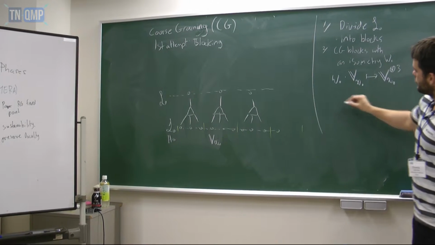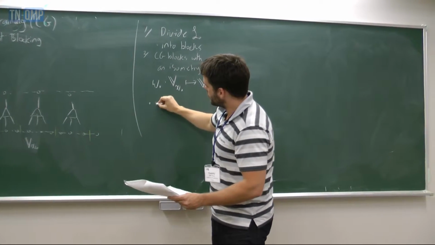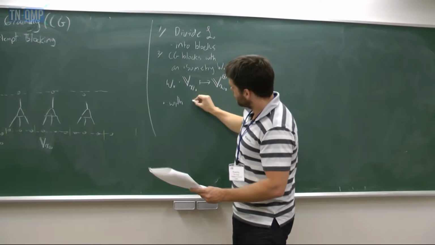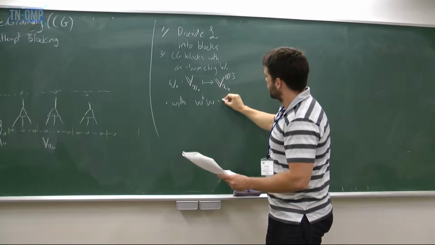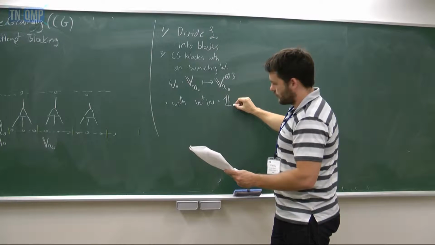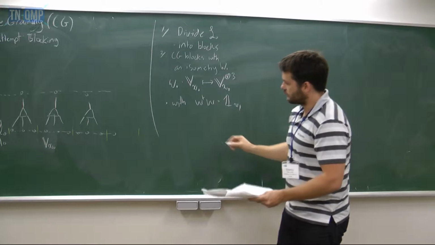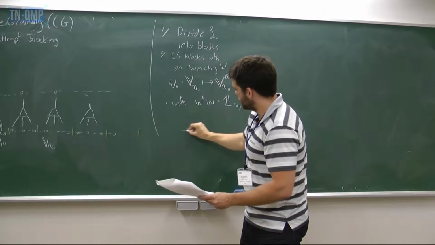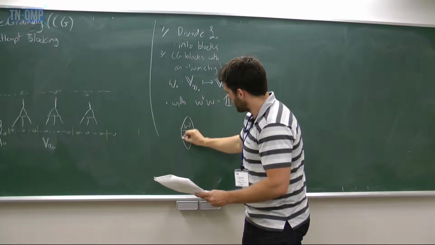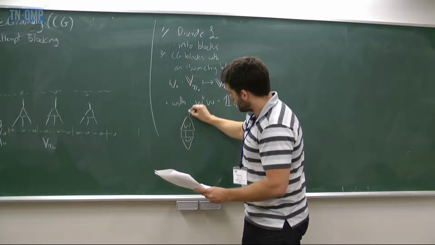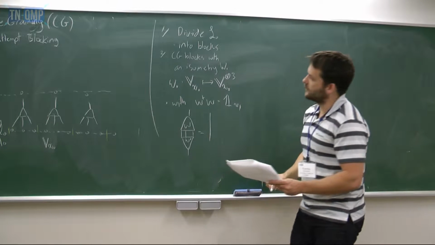Okay, and W0, as an isometry, has the particular property that W dagger W equals identity on V1. So graphically we would draw this as W with its conjugate equals identity.